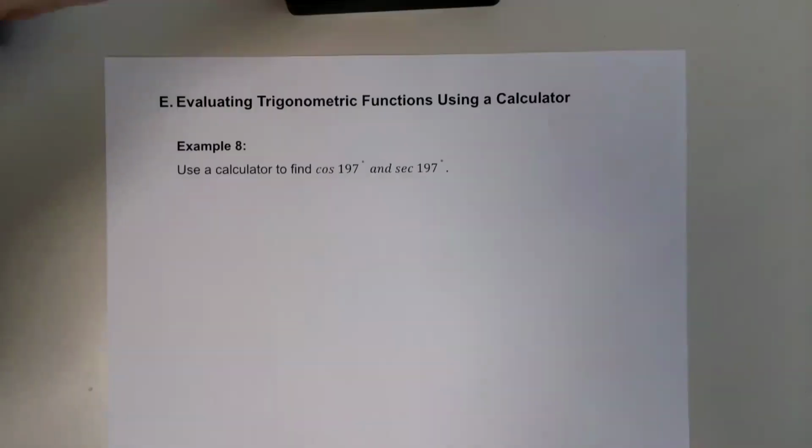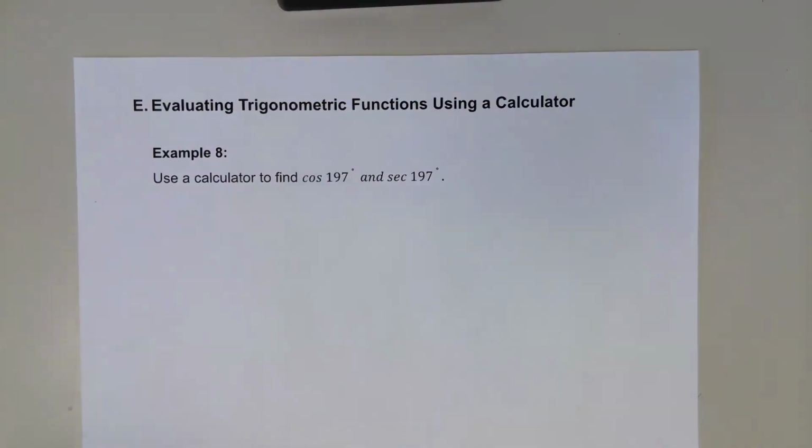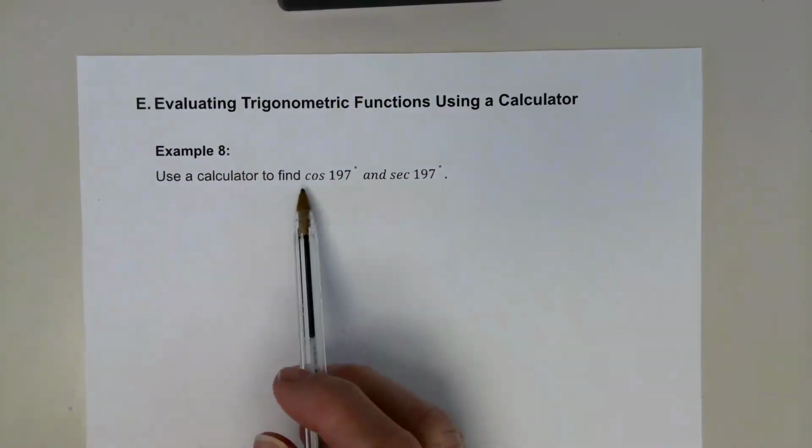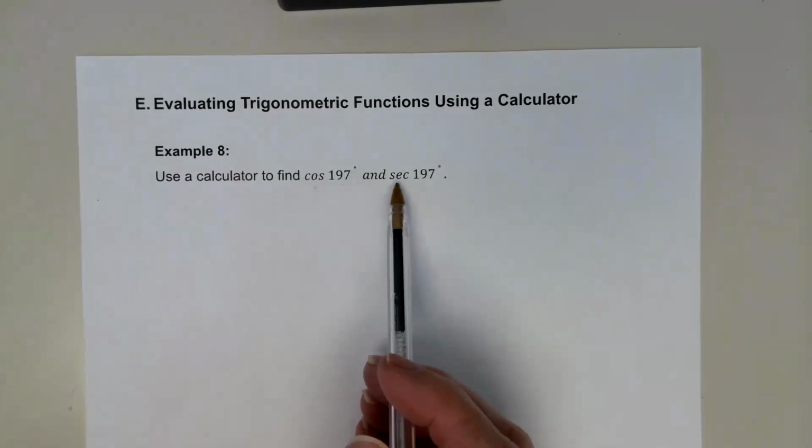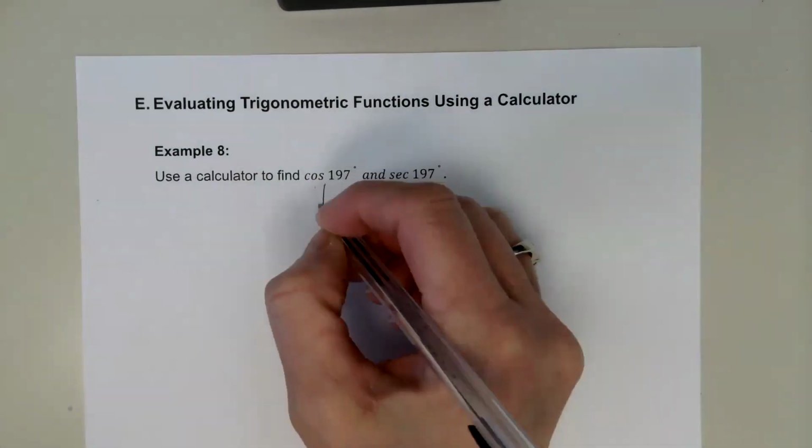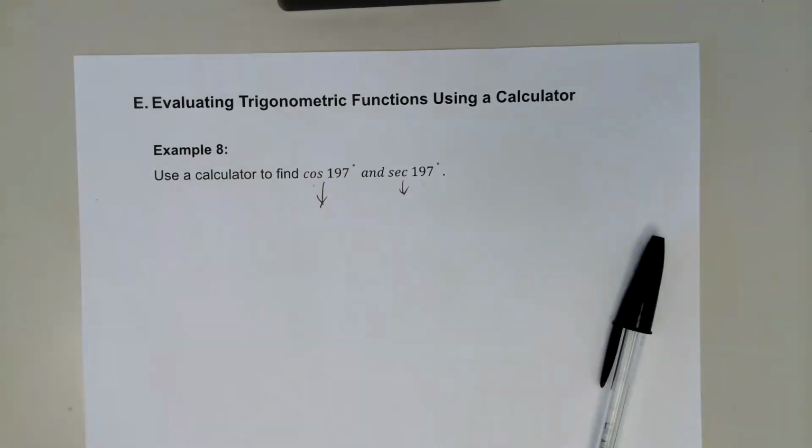And the last example for this lesson is all about using the scientific calculator. So it says use a calculator to find the cosine of 197 and secant of 197. And I'm going to share my screen to do that.